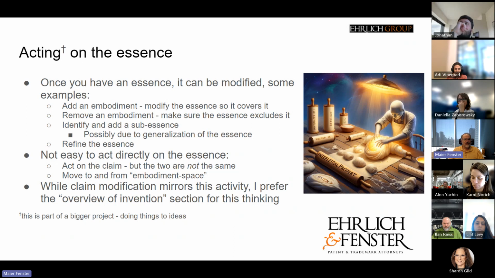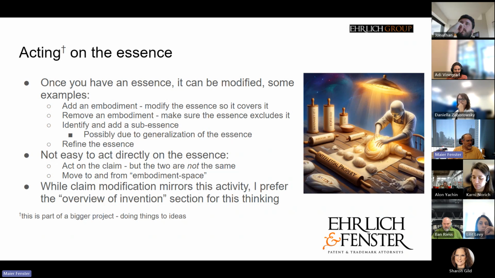Or maybe we want to remove an embodiment because we found some prior art. So now we have to modify the essence so it does not include that embodiment. Some cases you want to add, let's call it a sub-essence, because maybe you had the essence and now you generalized it. It's not only Lego, it's any kind of small thing, including M&Ms.